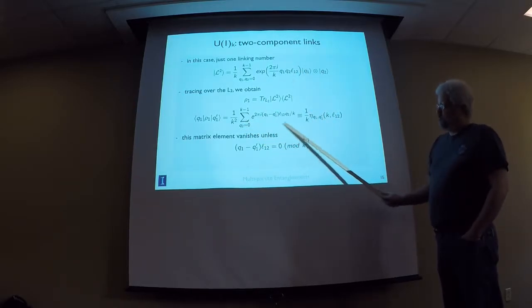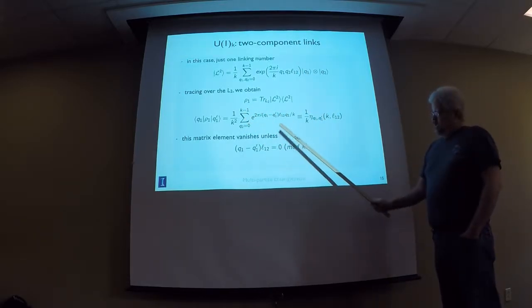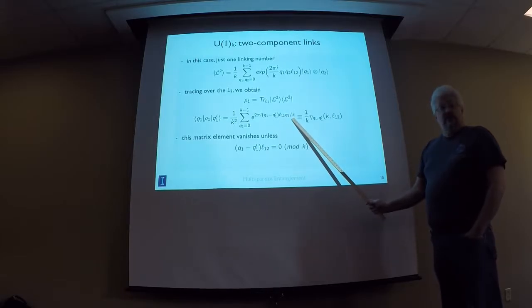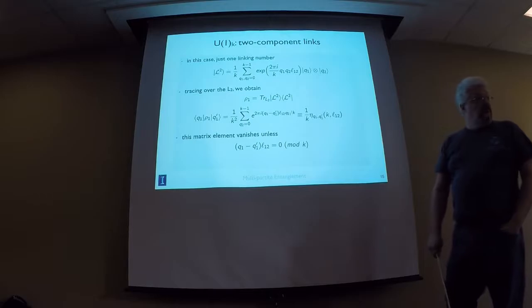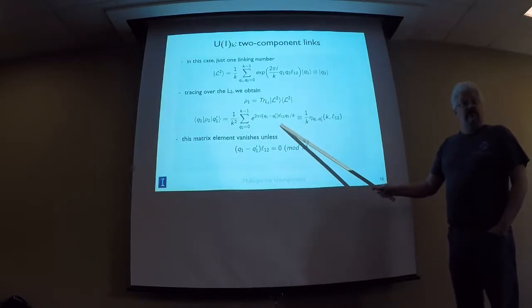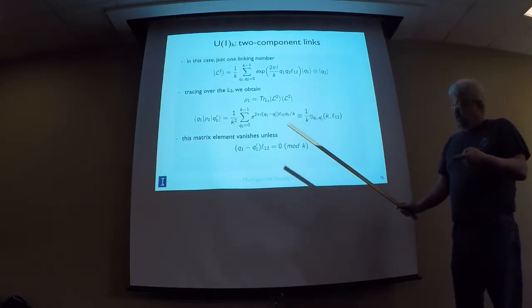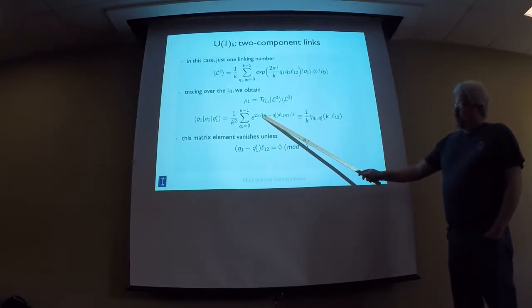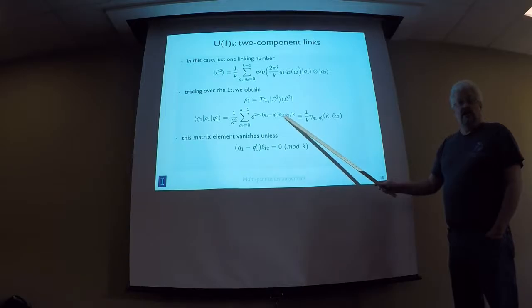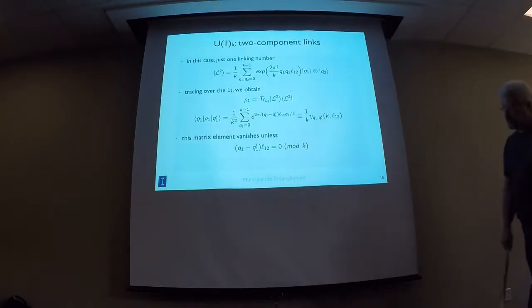It's a simple computation; you just get this sum. Now, what's in the sum are kth roots of unity, and you're summing over all values, so you're almost always going to get 0 from this sum, because they add up to 0. The only exception is where this quantity here is 0 mod k.